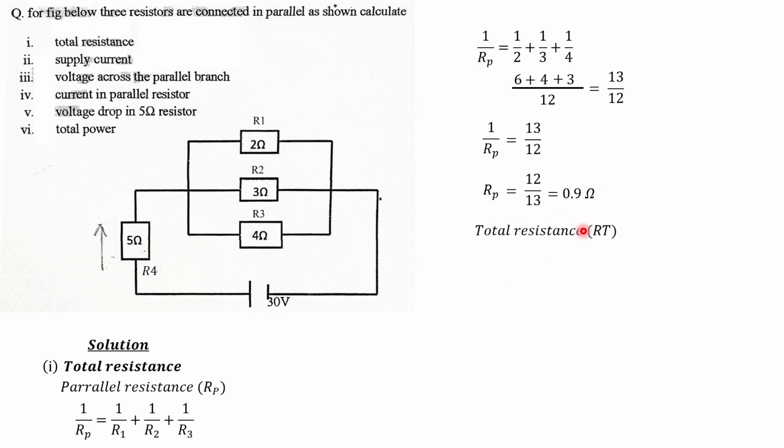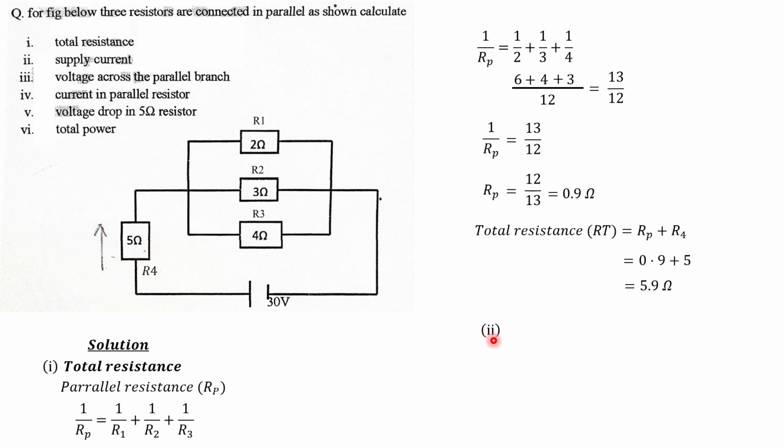So to calculate the total resistance, that is RT, we add the parallel circuit, that is Rp, to the resistance R4, to get our total resistance. So this is equal to Rp plus R4, which is 0.9 plus 5, and that is going to give us 5.9 ohms. So the total resistance, that is RT, is equal to 5.9 ohms. I hope you understand.